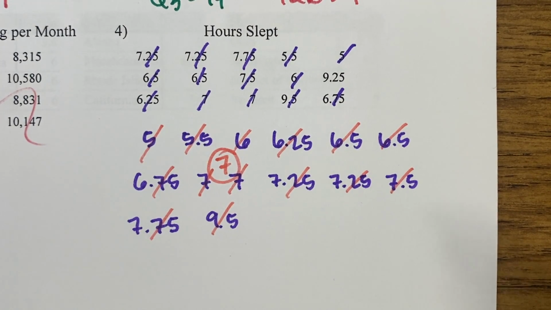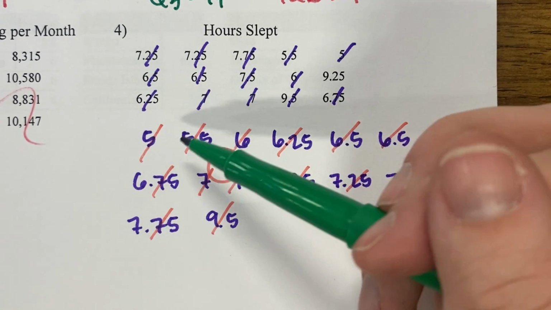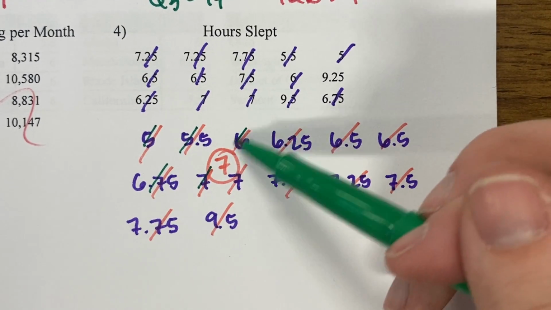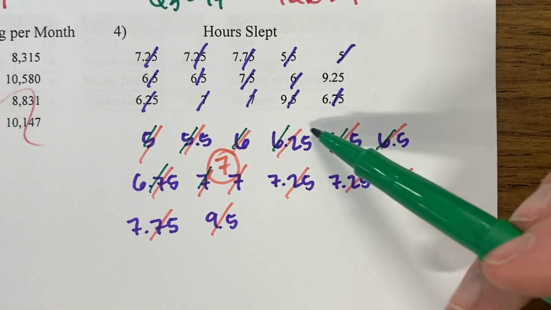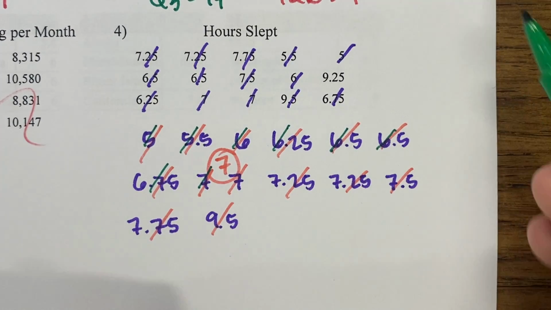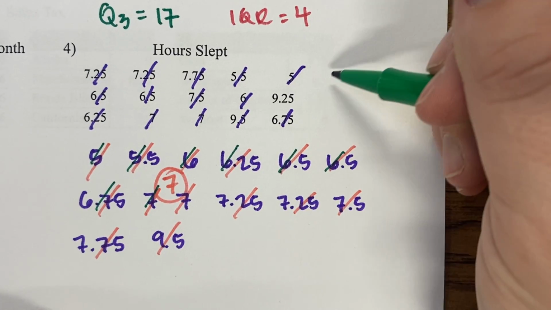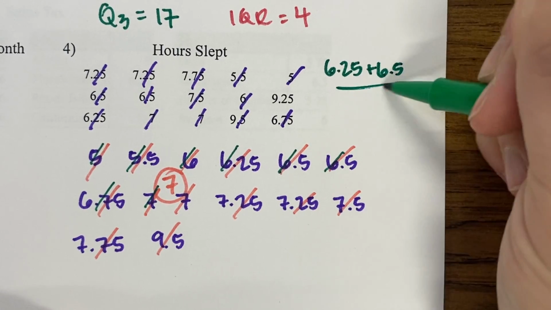Okay, beautiful. So now we need to find the median of our lower quartile. Okay, so we have 1, 1, 2, 2, 3, 3, 4, 4. So we need to find the median between 6.25 and 6.5. If we remember how to do this, we're going to add these two numbers together and then divide by 2.